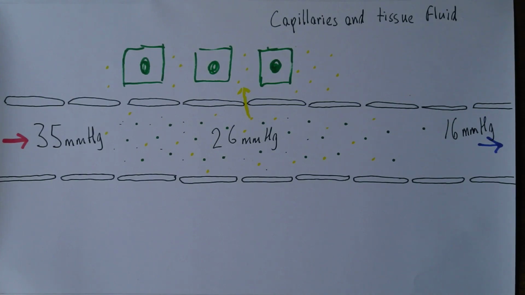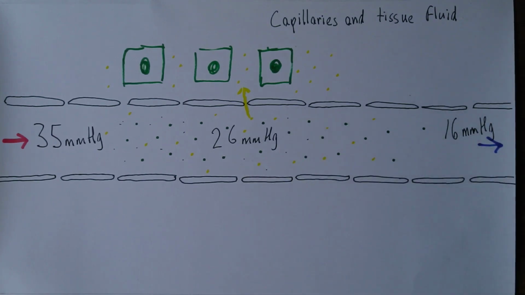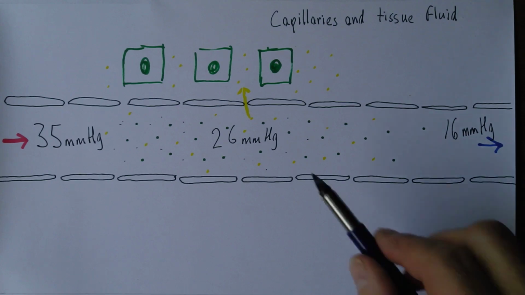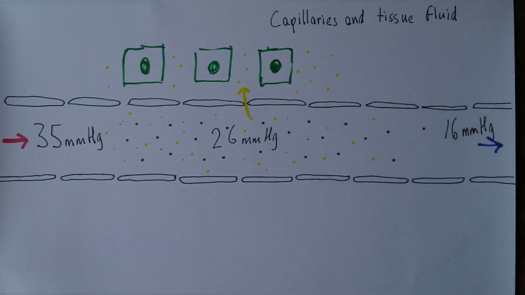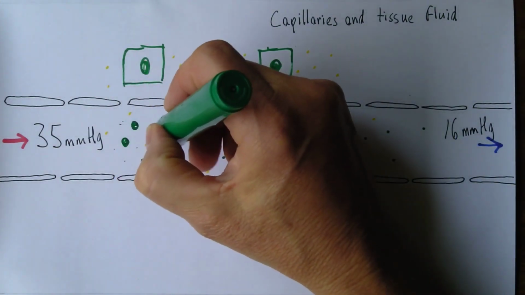But that's quite enough to let the sodium and the other ions in and out. But it's not big enough to let the plasma proteins through. So the plasma proteins are going to be retained in the plasma. So these are plasma proteins. Let's draw them bigger so we remember. They're big molecules.